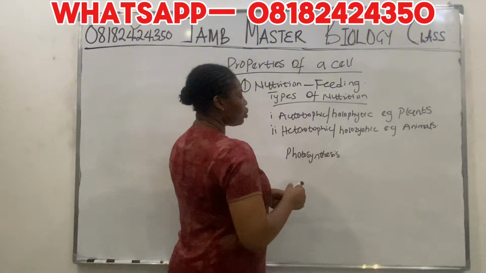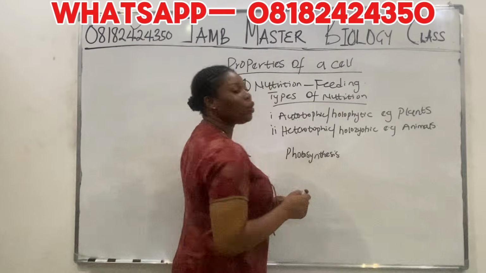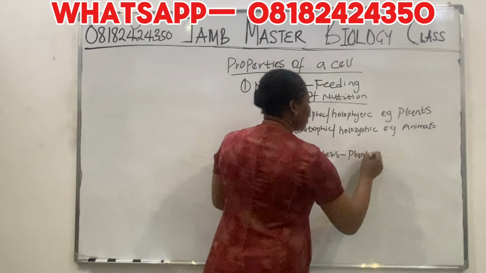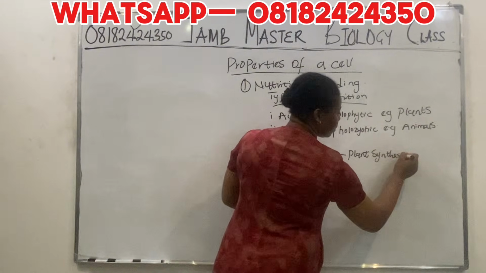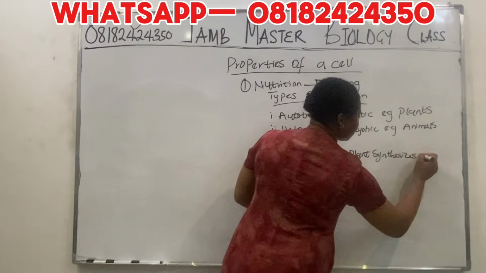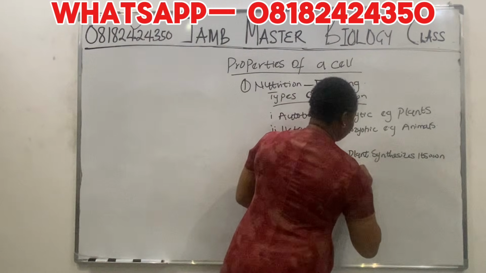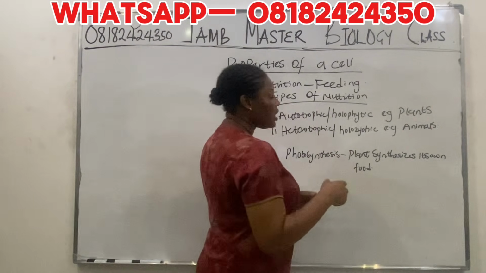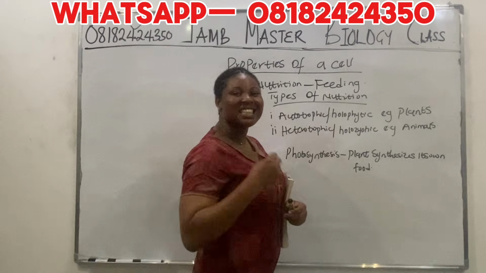So, autotrophic nutrition occurs in plants through the process of what? Photosynthesis. And we know that photosynthesis is a process by which plants synthesize their own food.